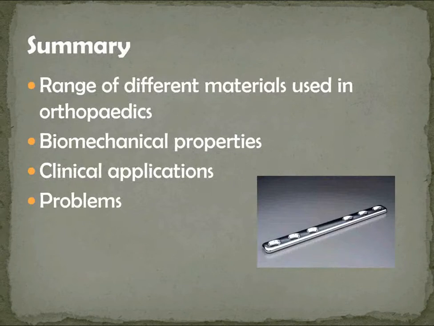So in summary, there are a range of different materials in orthopaedics, but overall the importance of the biomechanical properties and an understanding of this is important before being applied to the clinical setting.